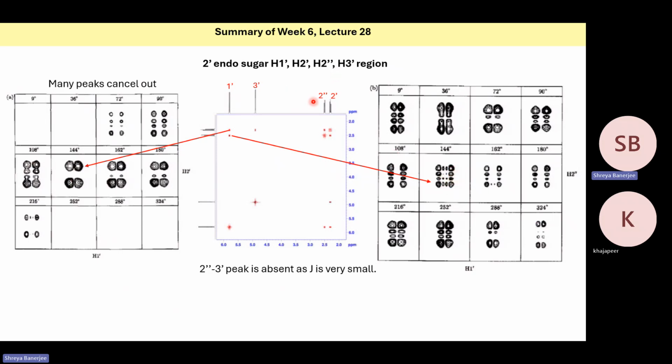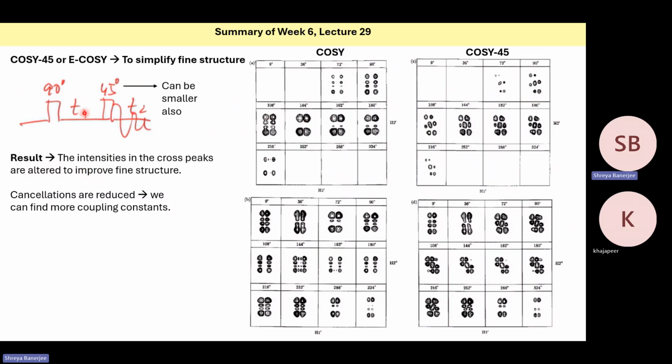So because of this, some modifications are being done to the cozy pulse program so that the resolution is better. One of these modifications is called cozy 45 or e-cozy. Basically, in cozy, you have a 90-degree pulse, then you have a T1, then you have another 90-degree pulse, and you collect the FID at T2.